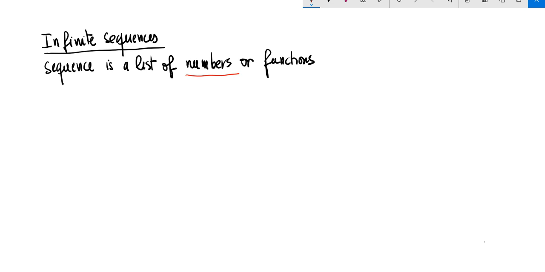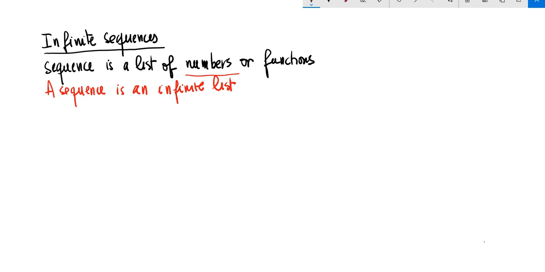All right, and maybe an informal definition of a sequence could be the following. A sequence is an infinite list.